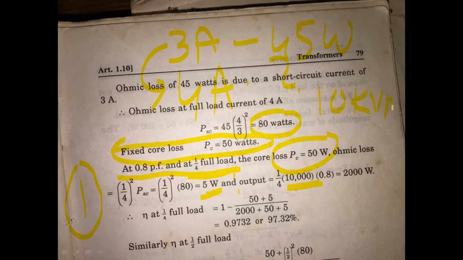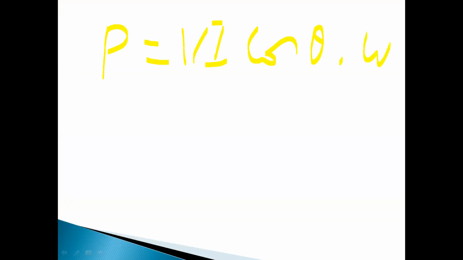Apparent power means volt amperes, voltage into current. If you multiply volt amperes by cos theta, we get active power. Actually we have three powers. P equal to VI cos theta is the active power, and its unit is watts.